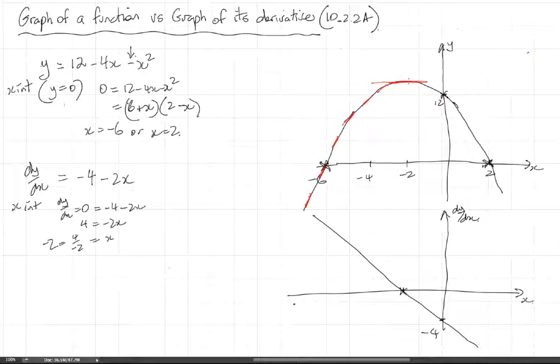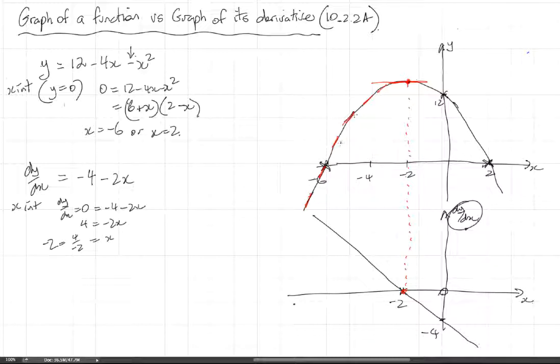And a tangent drawn at the top will touch the graph at one point. And that corresponds to that point there. At x equals negative 2, we have 0 gradient. This is the gradient, dy dx, down here. And here is 0, so it's going to have 0 gradient.